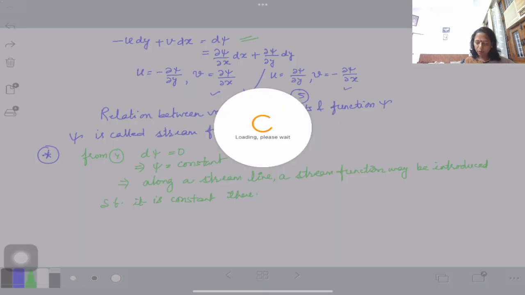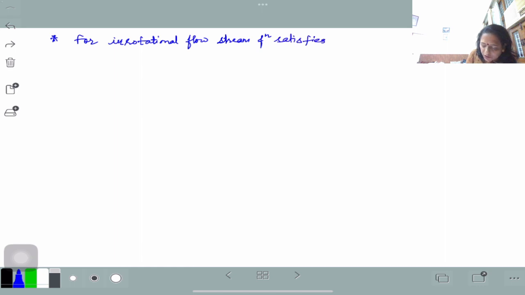Now I come to the next property, which says that for irrotational flow, the stream function is a harmonic function, that is, a stream function satisfies the Laplace equation.